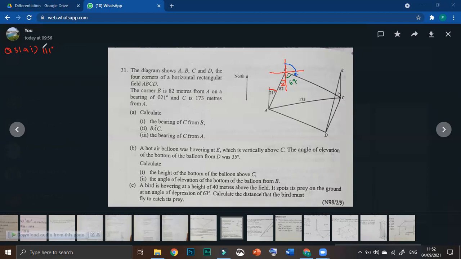Good. Now we want to find out the angle BAC. We want to find out this angle. Okay, sir. How can we find out this angle?